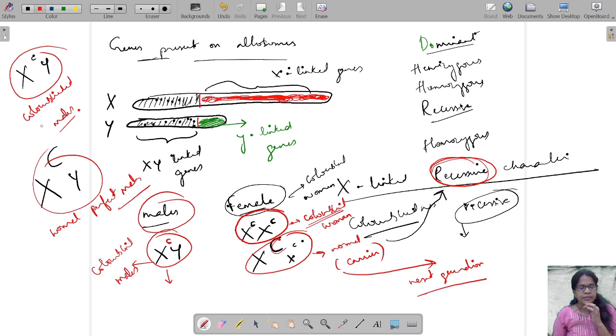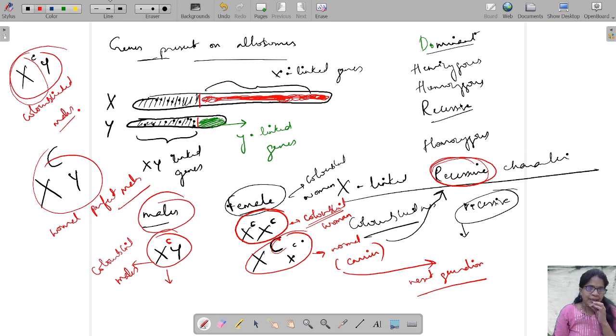And one more thing is, it is more common in males, if you can notice, because males are hemizygous for the X-linked chromosomes, because they have only one set of X chromosome. So it is easy for them to get that capital C or small c, right? But for females, they have to be either hemizygous or homozygous.